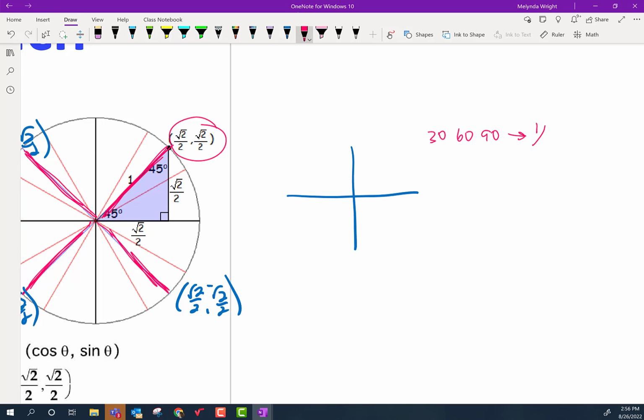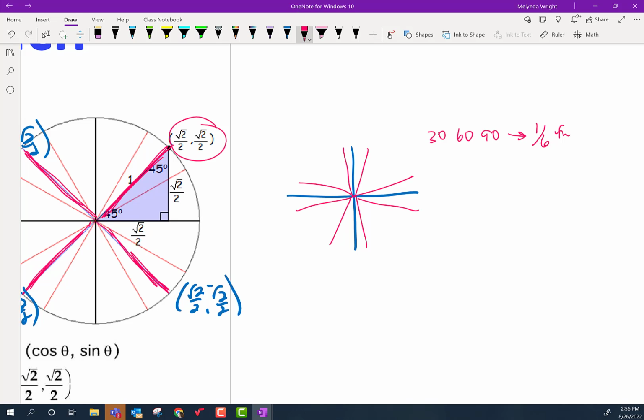For the 30, 60, 90s, we count by 1/6. That's what we count by, 1/6. And there are 2 in each quadrant. The 30, 60, 90s hug each of the axes.